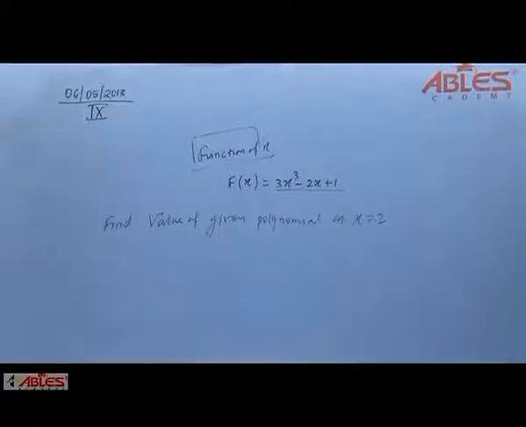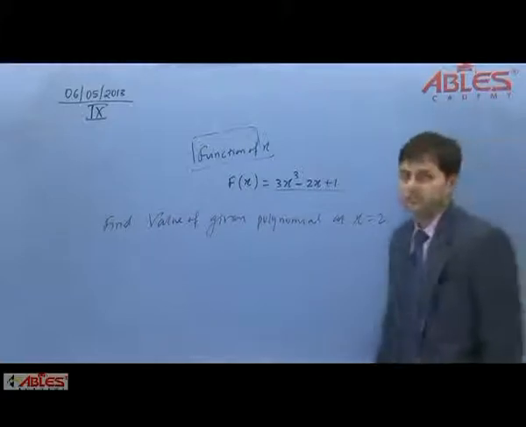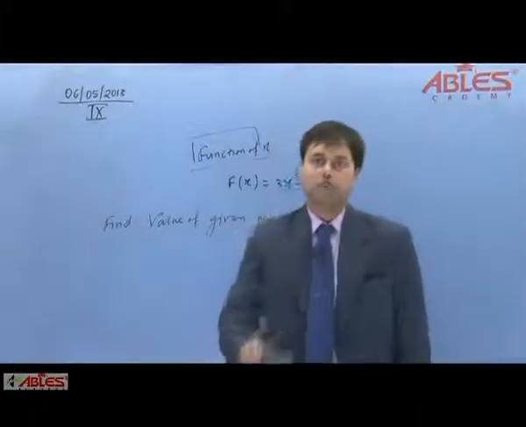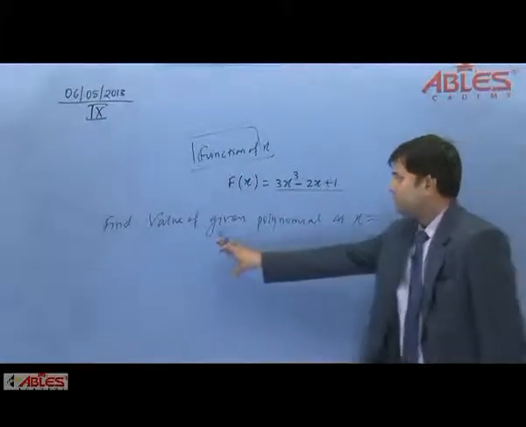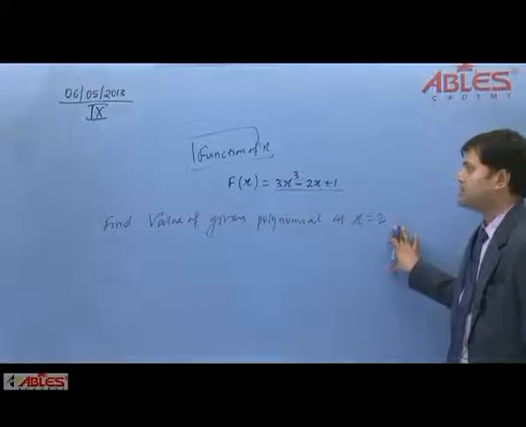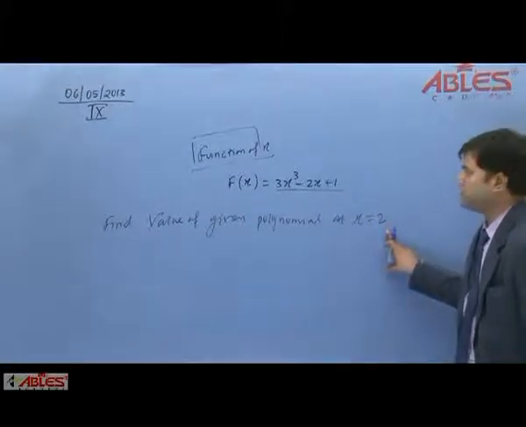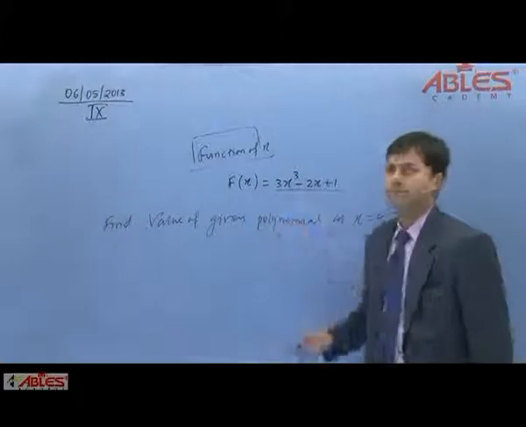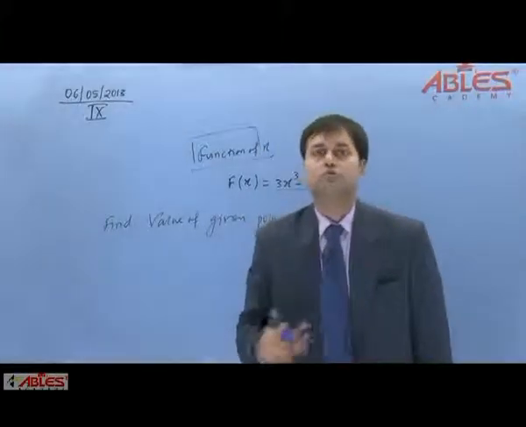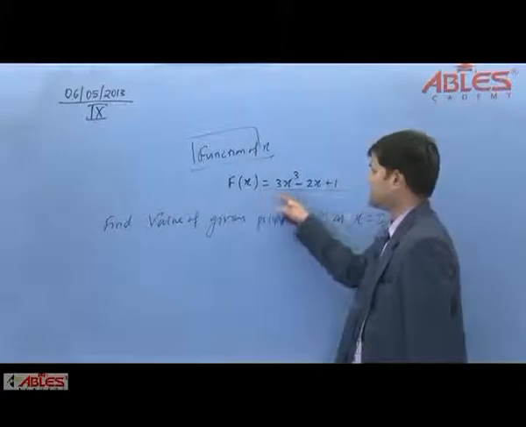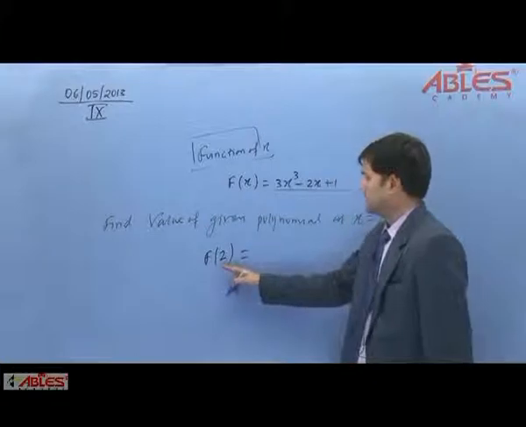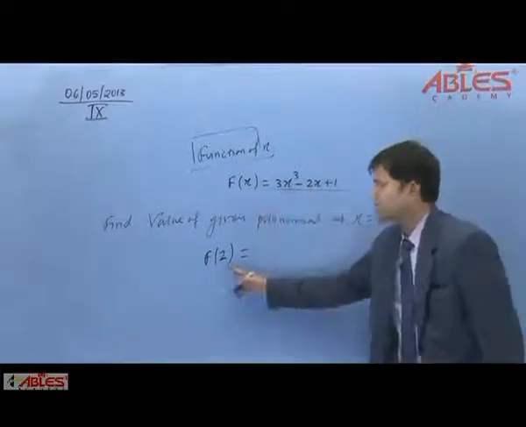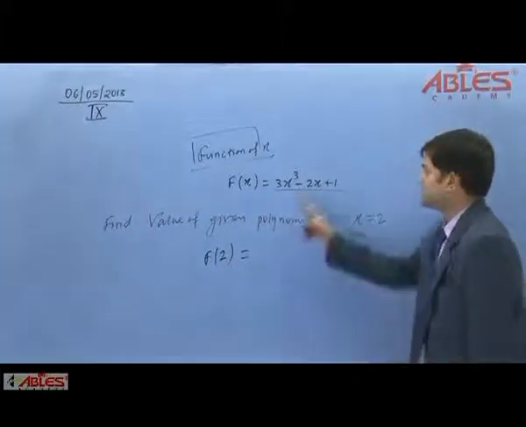Okay students, as I have explained already, if we have to find the value of a polynomial at a given value of x, so this time at x equals 2 we have to find the value of this polynomial. That means we have to put x equals 2 on both sides. So if you put x equals 2 on both sides, you will get f of 2. That means we are converting this polynomial now at x equals 2.